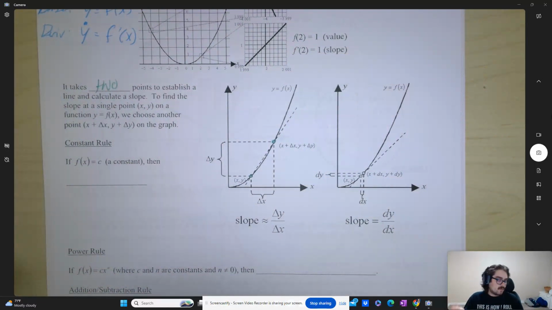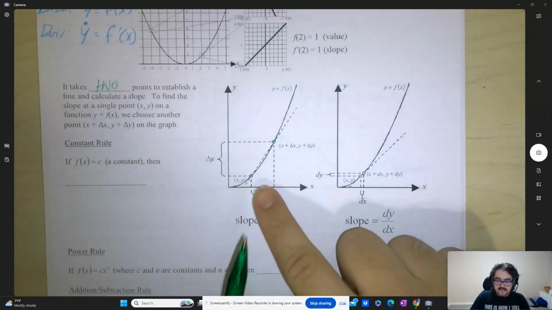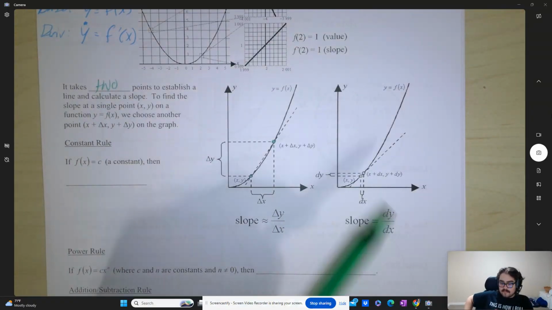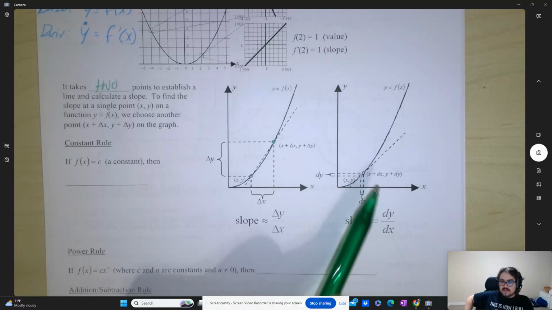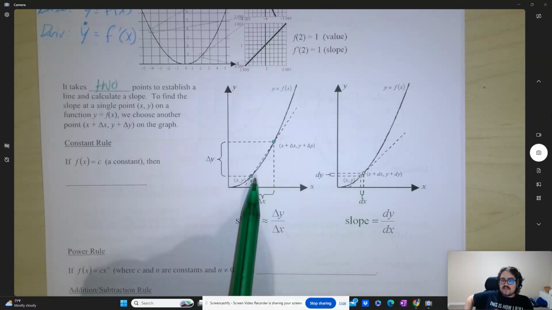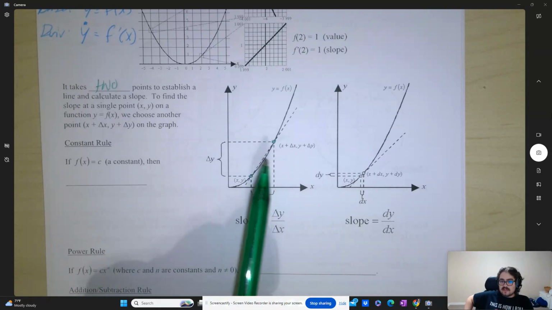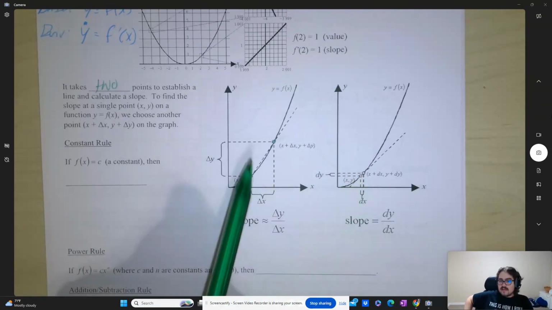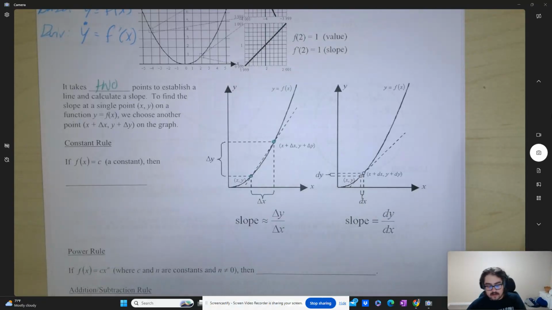But it's typically more accurate to just do the derivative. For a quadratic function, these two slopes, even though we would approximate them to be the same, are not the same. Doing the derivative is a lot more precise because we're getting 2 points really close to each other. This is a more accurate answer, and this is not as accurate.